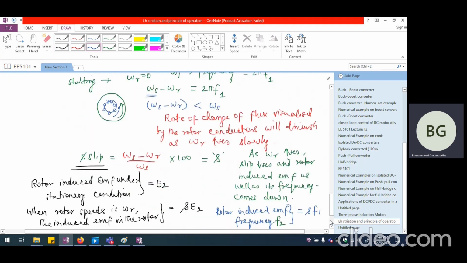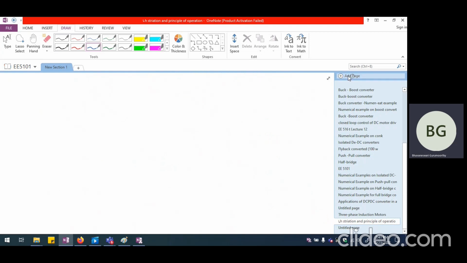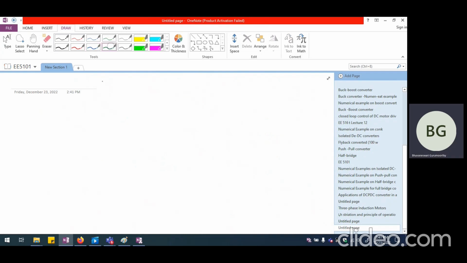So in general, the EMF induced in the rotor as well as the frequency of the induced EMF in the rotor are both going to be proportional to the slip. So slip is a very, very important quantity in the case of a three-phase induction motor. Okay, so slip is defined as omega s minus omega r divided by omega s, multiplied by 100.